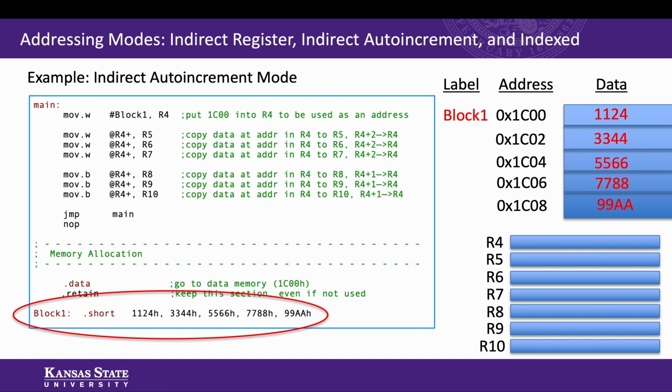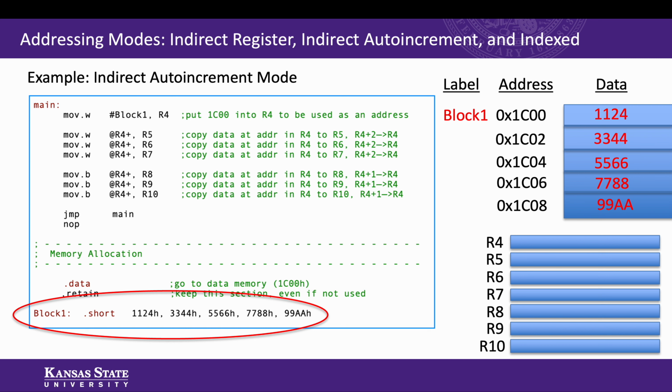So at the bottom there, we've got memory allocation. Again, this is loaded before the main routine is even executed. So block 1, again, it's a label for address 1C00 because that's where data memory begins in our MSP430.